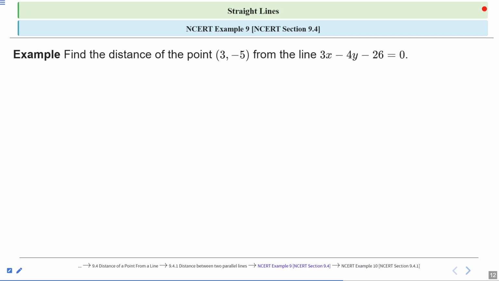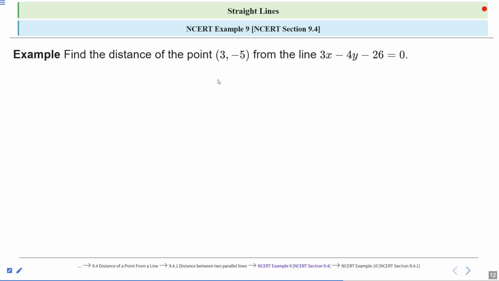So now let us take an example. So now we will discuss NCERT example number 9. So what is given in this example, first of all see this. Here we have to find the distance of the point 3 comma minus 5 from the line 3x minus 4y minus 26 is equal to 0.